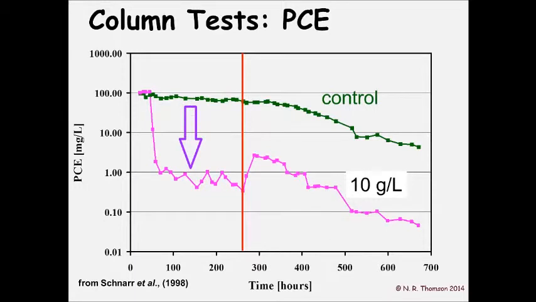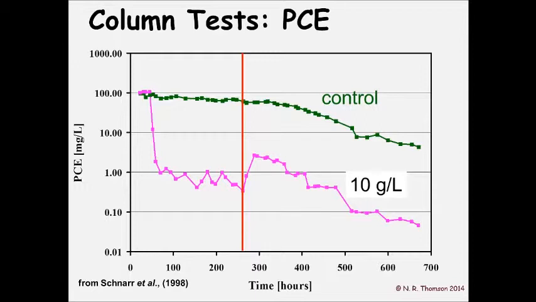The red line indicates when the oxidant in the inflow was turned off. The green line is the control column, the one that did not see the oxidant. The purple one is the treatment column, that we flushed with oxidant until the red line.